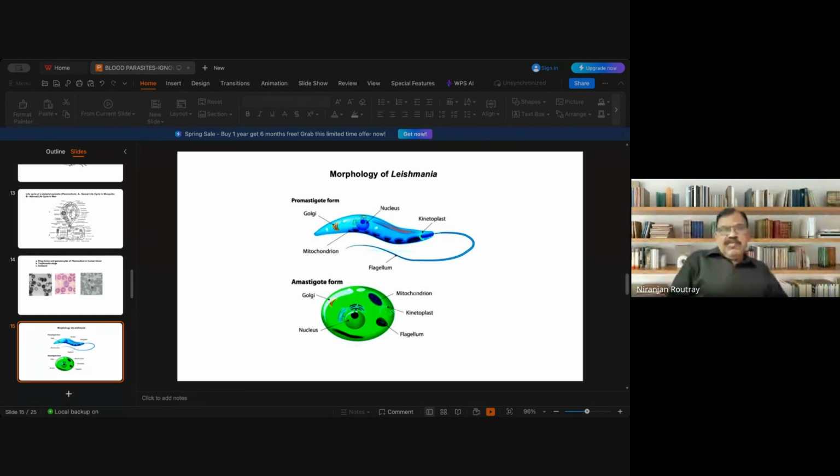Significance means that due to these two stages, they have the chance to multiply, to increase their number, their load inside the host body, because all organisms have a tendency to increase their number.